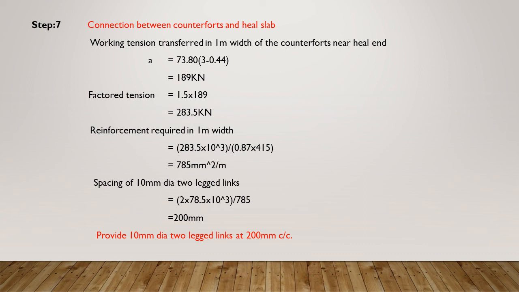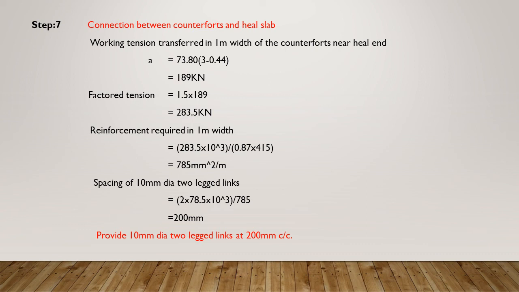So the reinforcement required in 1 meter width. The reinforcement formula is known, factored tension divided by 0.87 into fy. So factored tension is 283.5 into 10 power 3, so that kilonewton is converted into Newton. Then 0.87 is constant and fy is given in our question, so fy is 415. So reinforcement is 785 mm square.